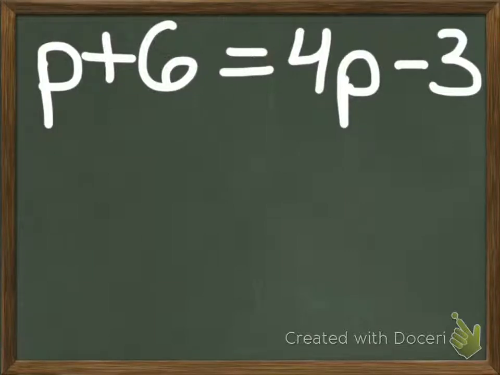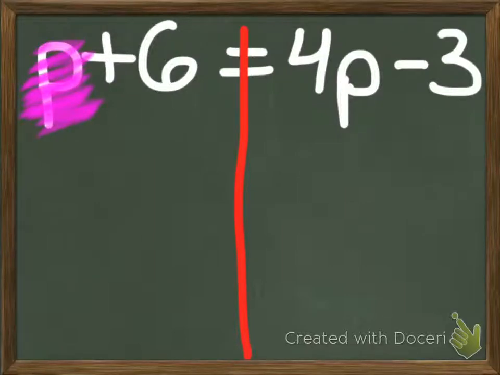Okay? So I'm going to change my color here just to make it a little bit more fun. Now, I've got P plus 6 equals 4P minus 3. My first step should be to get my variable with my other variable. I should be getting those together.